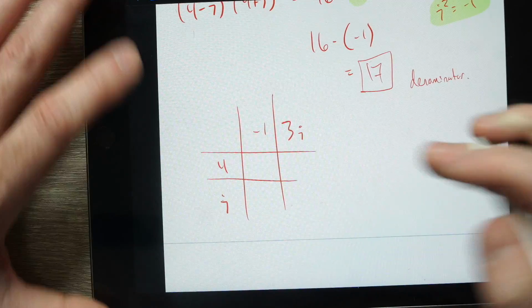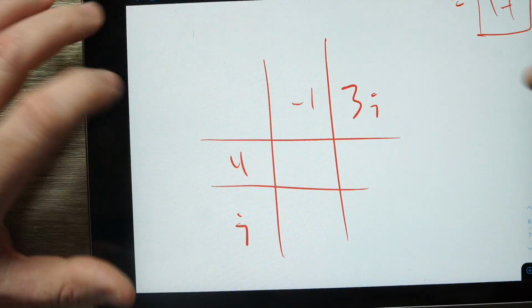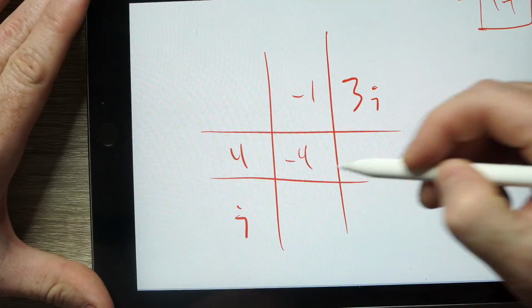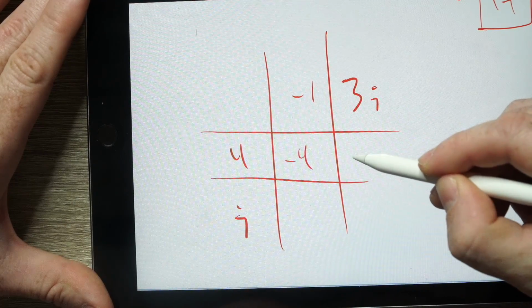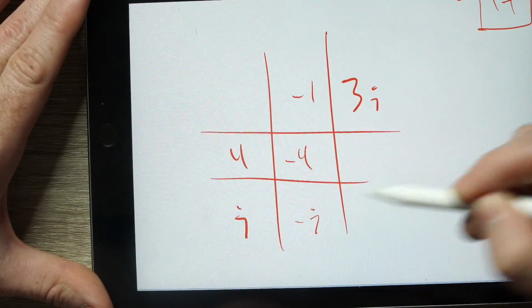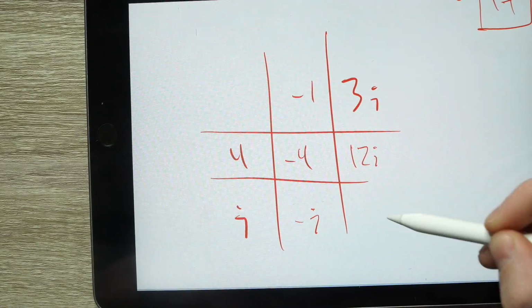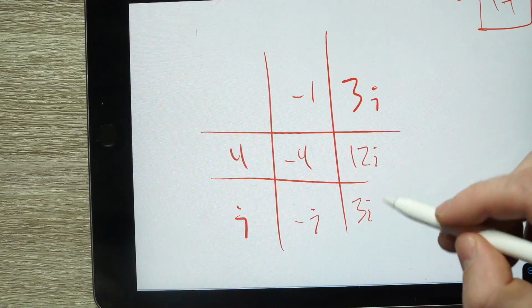So if we multiply this out, help me out here, Ty. Negative 4. All right. Negative i, that's fine. Negative i. 12i. And then 3i squared. 3i squared, very good.